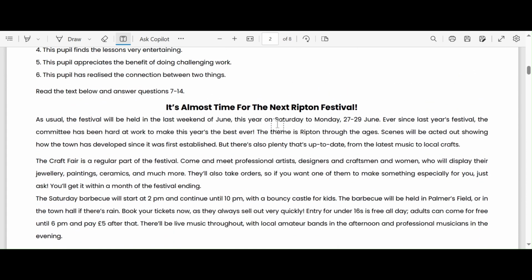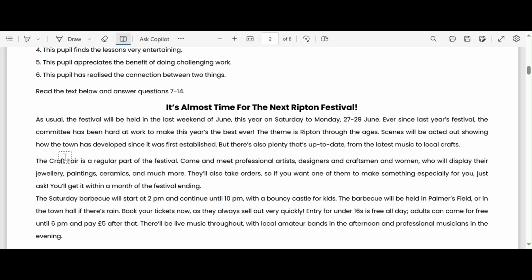So this year, as usual, the festival is held in the last weekend of June, this year on Saturday to Monday, 27 to 29 June. Ever since last year's festival, the committee has been hard at work to make this year the best ever. The theme is Return through the ages.